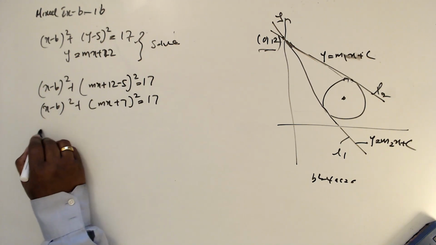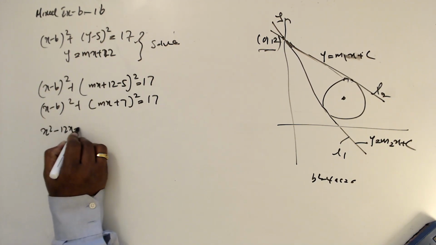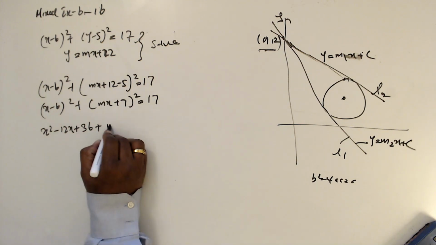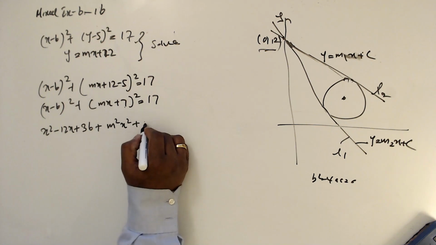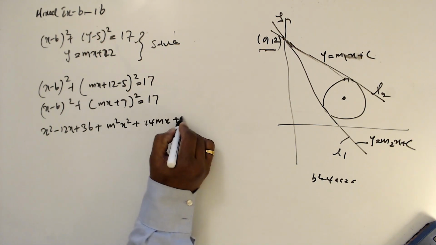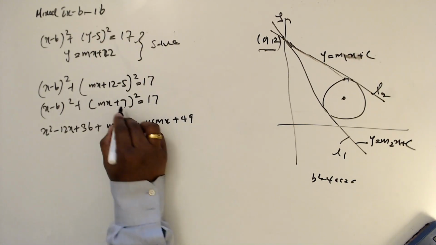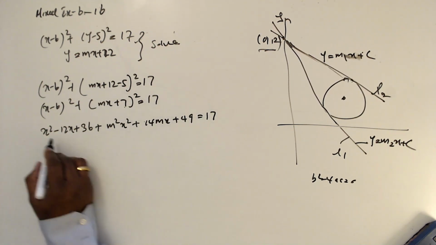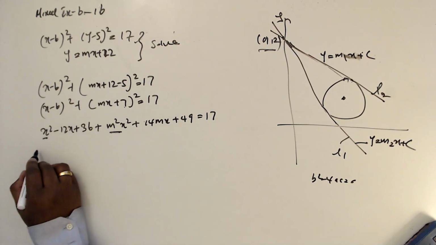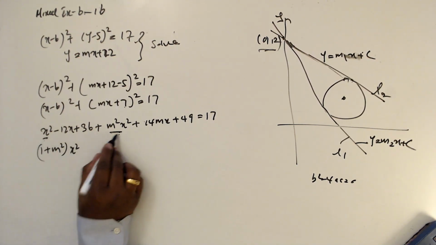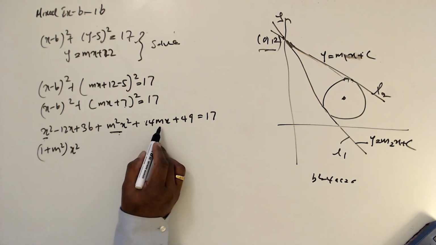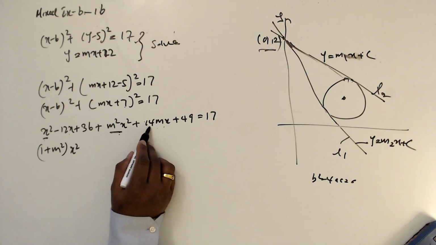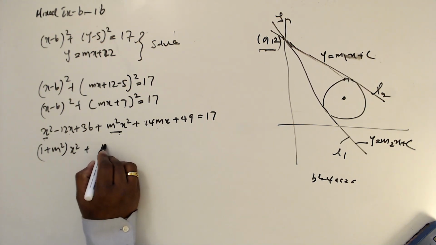It means x square minus 12x plus 36, plus m square x square plus 2 times 7, 14mx, plus 7 square, 49, equal 17. This is x square, m square x square, 1 plus m square x square. I factorize with x square. Now how many x terms? 2 x terms. This is the positive one. I will write that one first.